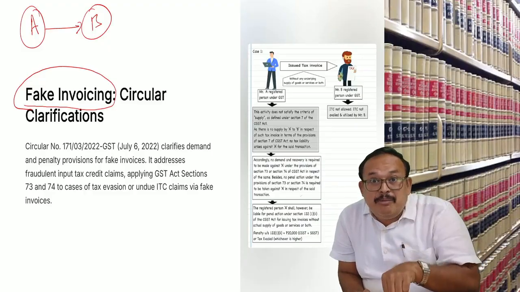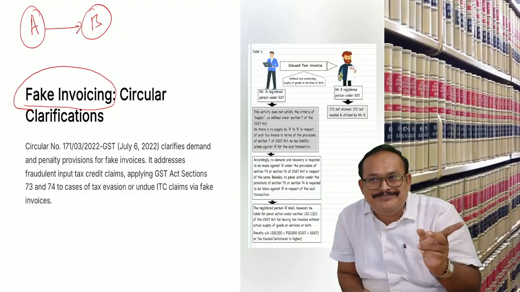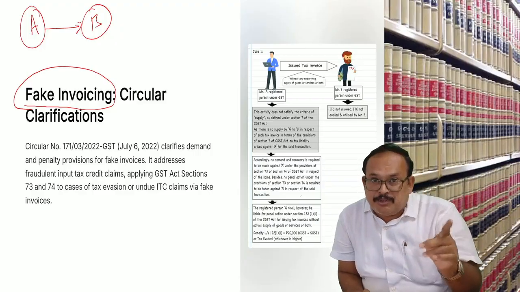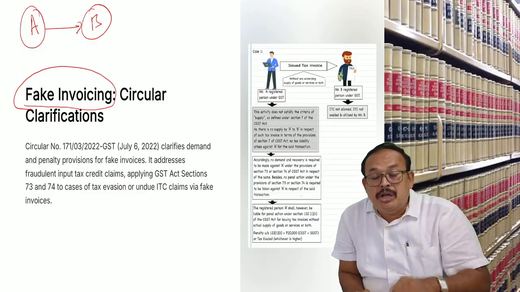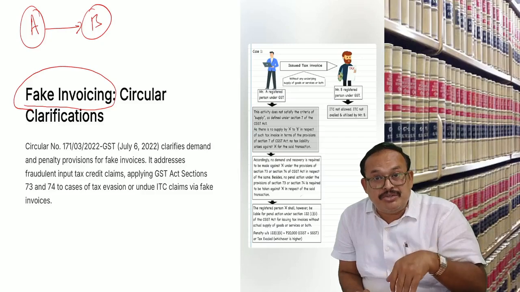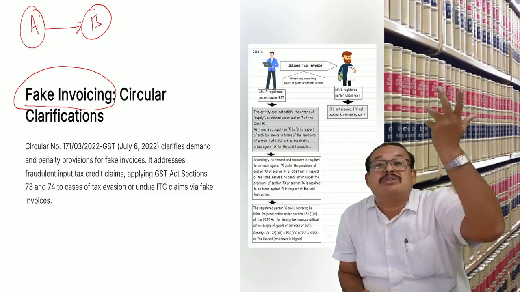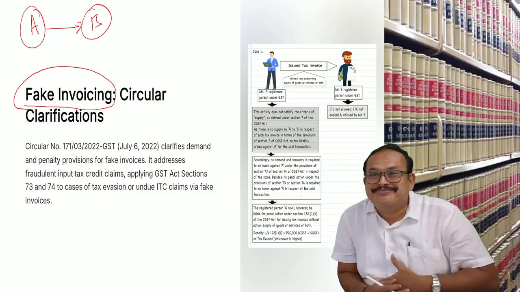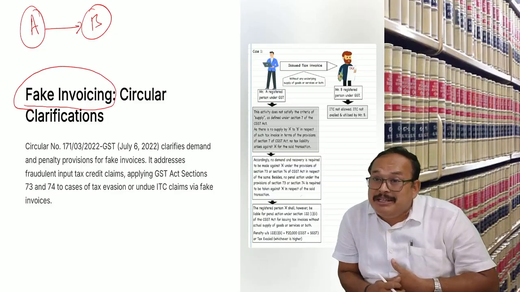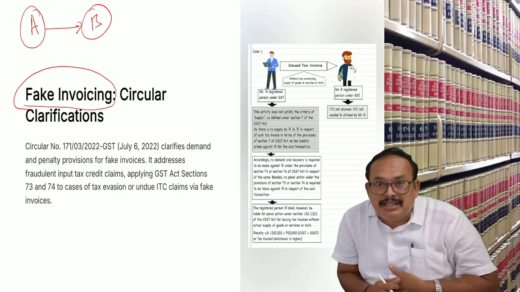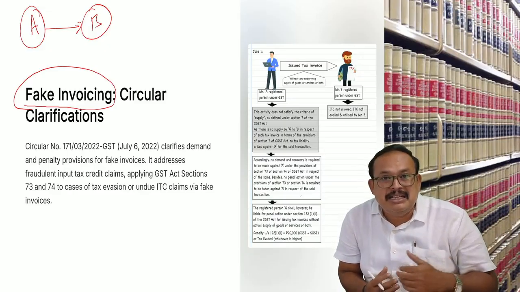For wrongful availment, there is a penalty under section 122 subsection 1 clause 2, which says based on the fake invoices, availing the ITC without receipt of the goods or services, there is a penalty. That penalty how much? 100% of the tax or rupees 10,000, whichever is higher, as per CGST, equal amount SGST.